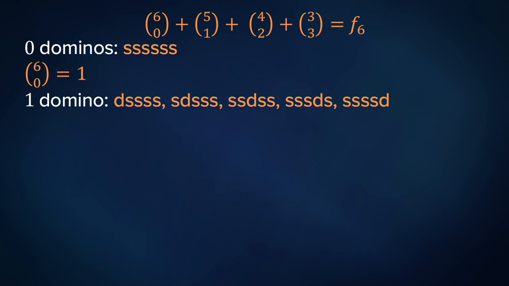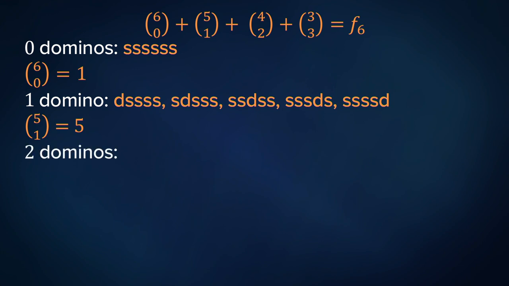Thus we have 5 tilings shown here. Again, note that the domino can either be the first tile, or the second tile, or the third, or fourth, or fifth. Thus, there are 5 choose 1, 5 tilings of length 6 that contain exactly 1 domino.